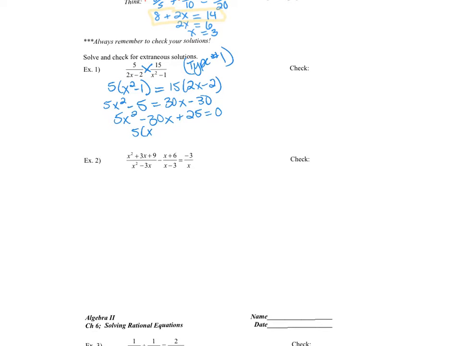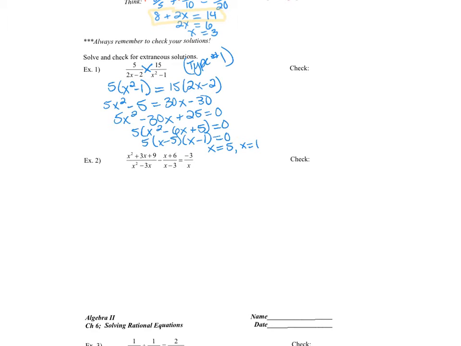Take out a 5. Now I can use the sum product rule, and I get 5 times x minus 5 times x minus 1 equals 0. At this point, my two possibilities are x equals 5 and x equals 1.